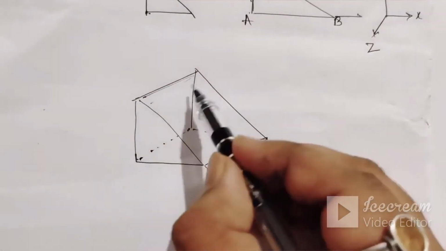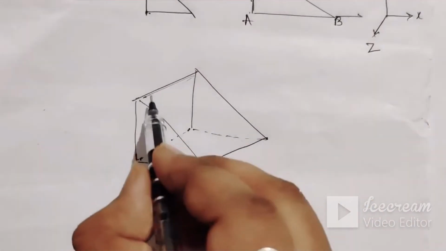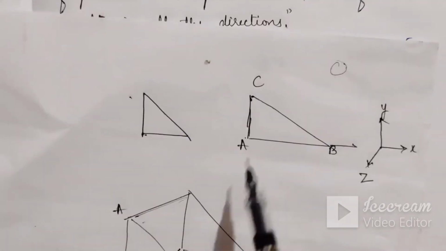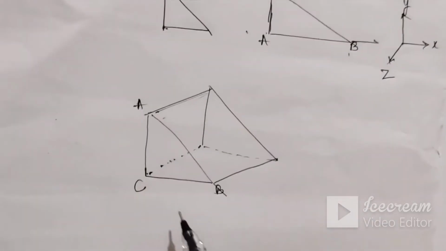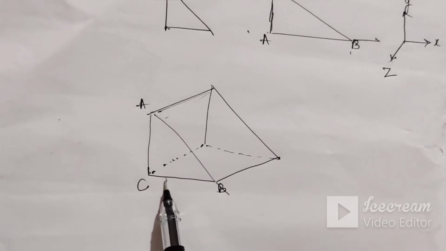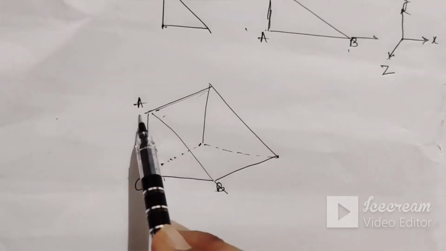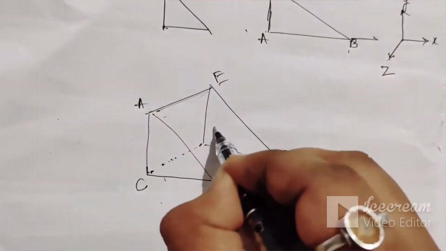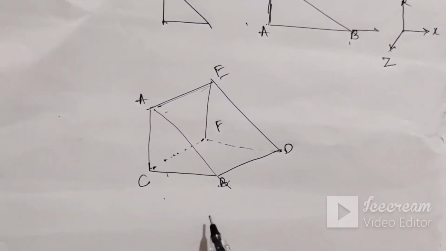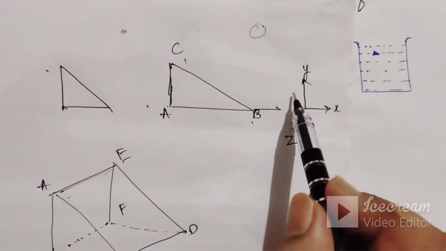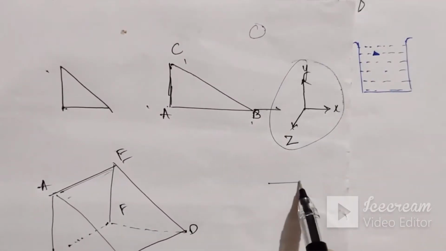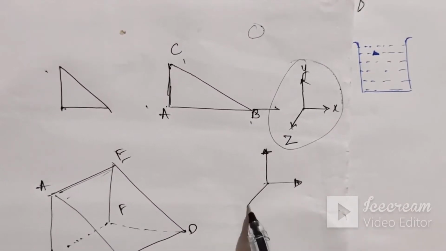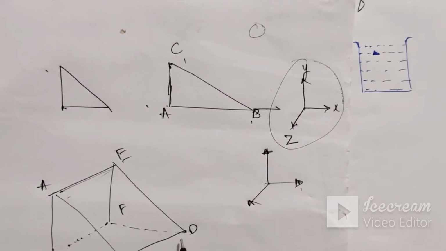If I take a 3D element, it is nothing but A, B, C with another part, D, E, F. If I take this wedge shape as a 3D element, then for all three sides I have to apply the 3-dimensional law.